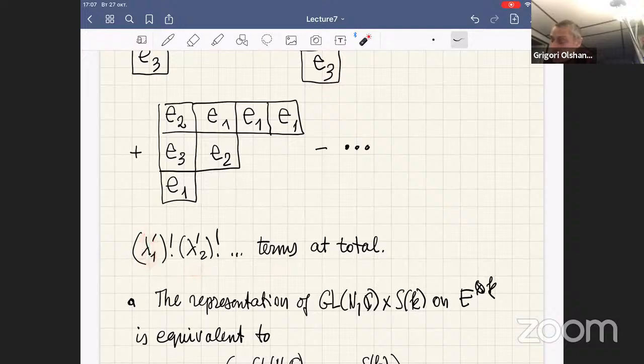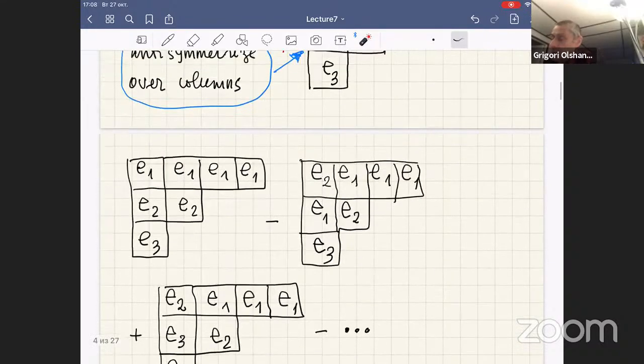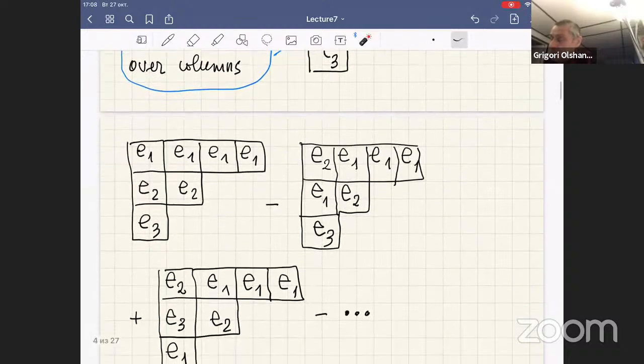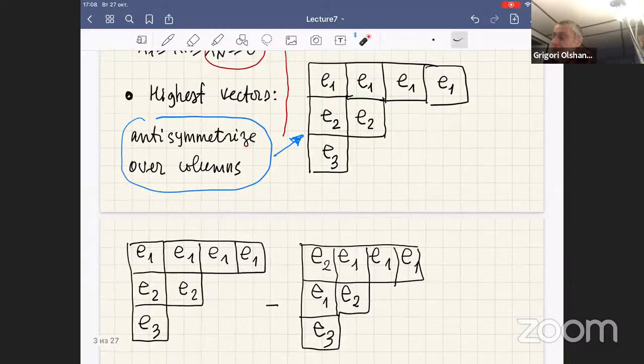This is my notation for the column lengths. In this case, we have to take 3 factorial times 2 factorial, 1 factorial, 1 factorial. This is just the explanation of what this antisymmetrization means. An exercise is to show that such a construction gives us some highest weight vector. What does highest weight mean?